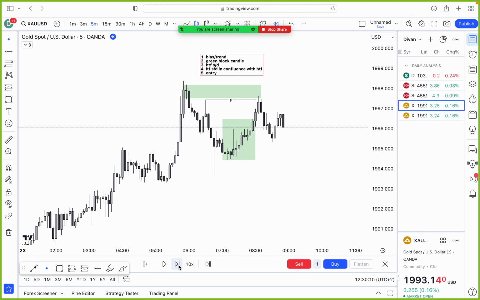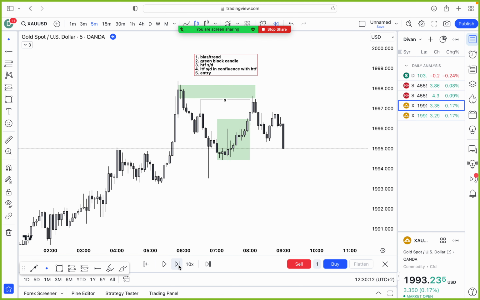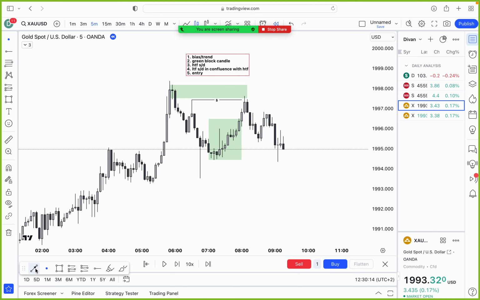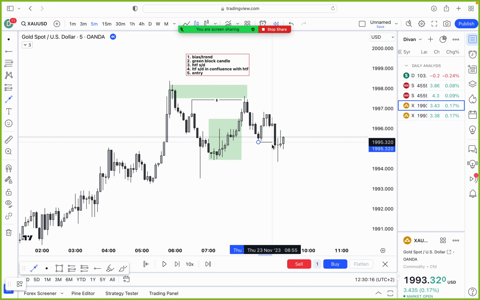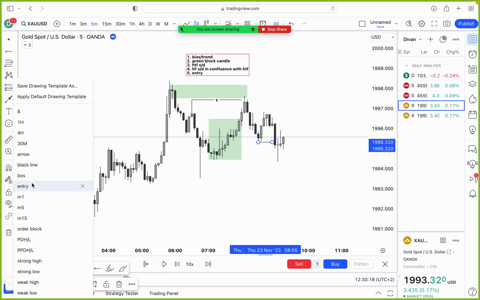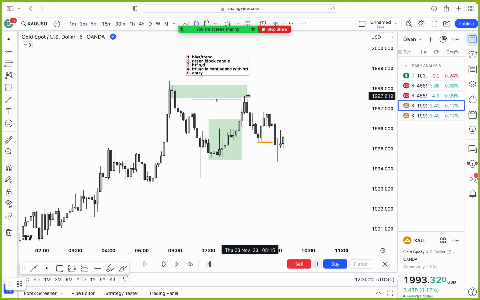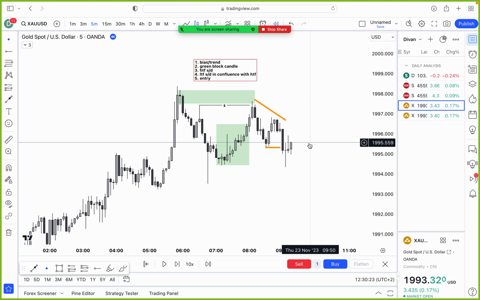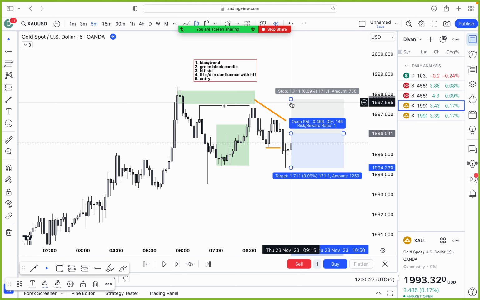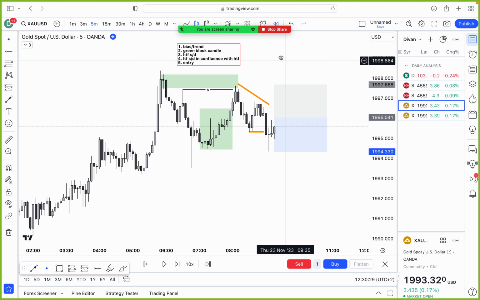Let me show you. So after this break of structure to the downside, and this lower high that was formed, that's when I actually sent the signal telling everyone, listen, I am going to enter.